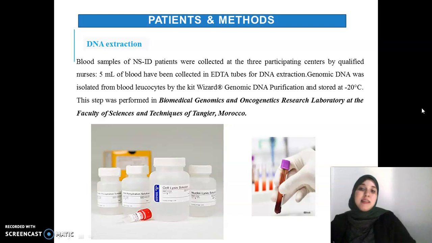For the DNA extraction, blood samples of our patients were collected at the 3 participating centers by qualified nurses. 5 milliliters of blood have been collected in EDTA tubes for DNA extraction, and DNA was isolated from blood leukocytes by the Kit Wizard in the Biomedical Genomics and Oncogenetics Research Laboratory at the Faculty of Sciences and Techniques of Tangier in Morocco.